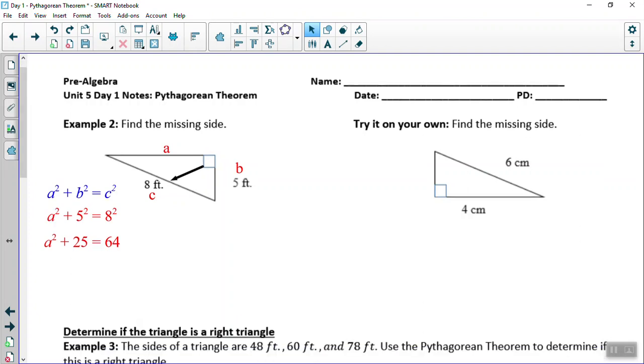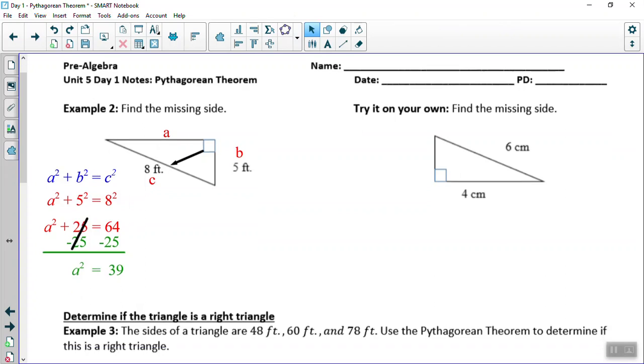I need to isolate my A squared. So I'm going to subtract 25 from both sides. And when I do that, that will cancel out these 25s. And we are left with A squared equals 39. All right, so same thing. I now know what A squared is.